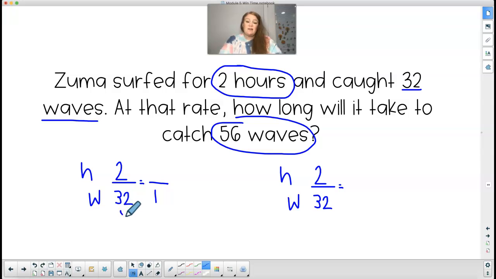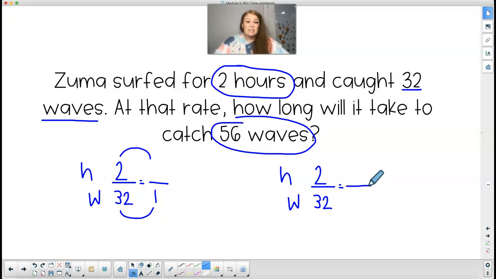Asking myself, how did I get from 32 to 1? So doing the same thing here, this is divide by 32. So this is really 2 divided by 32. This is going to be a very little number. And then I'm going to apply it to that unit rate.